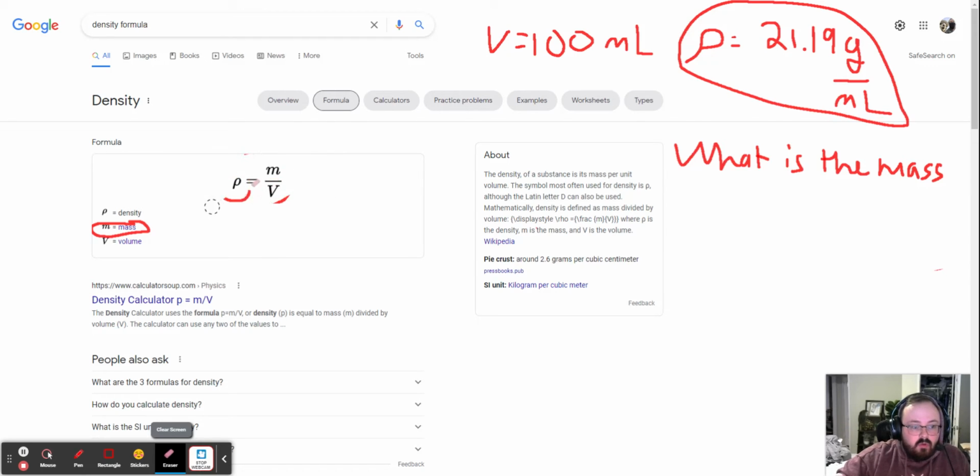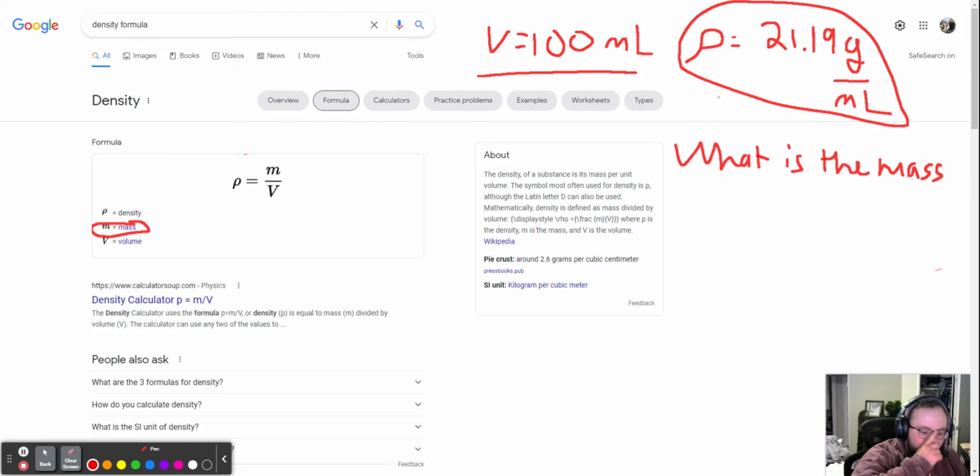When you have a formula like this, the best way to solve it is to figure out which of these variables you already have information on. I've given you this information: the volume is 100 milliliters of this unknown metal. And your density is what you calculated in the previous part.